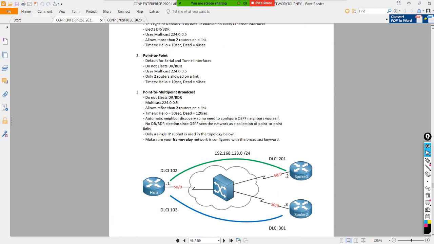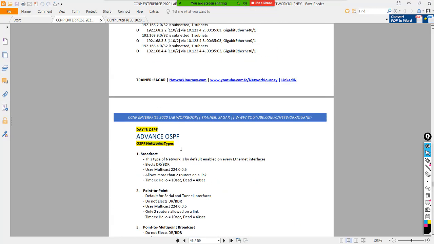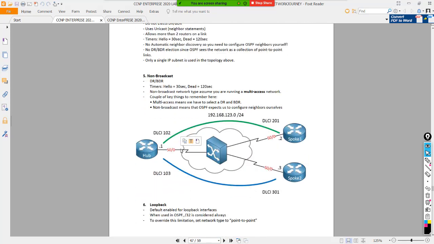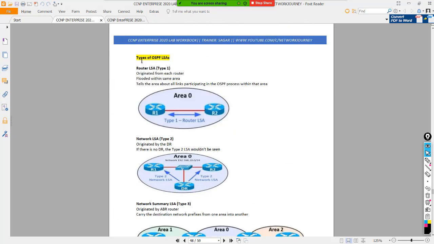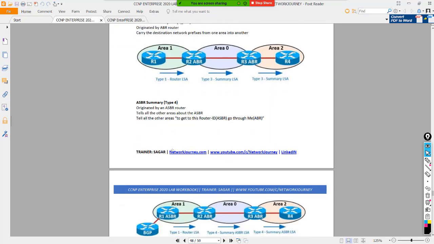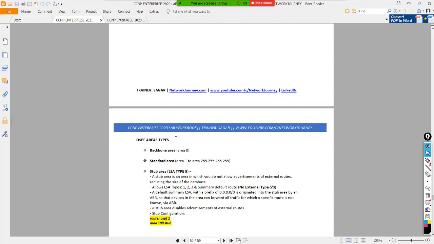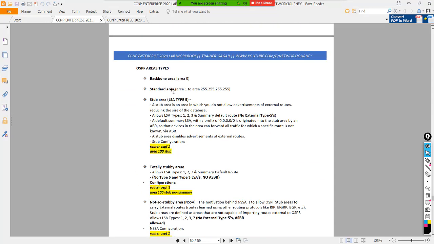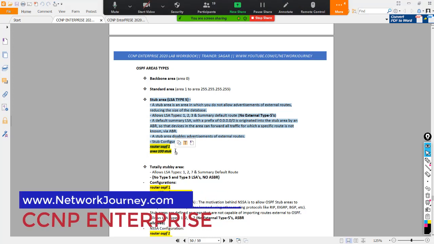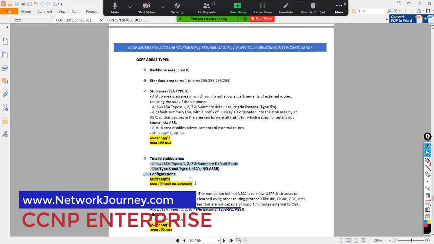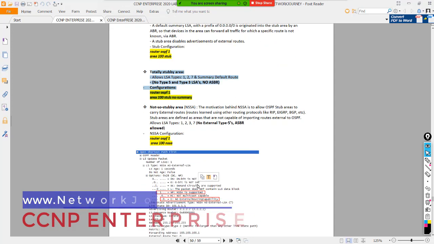We started with network types, LSA, types of LSA: 1, 2, 3, 4, 5, 7, and then area types. We know what a stub area is, how it behaves, and what happens with respect to LSAs and the routing table. We also know what happens in the case of a totally stubby area.